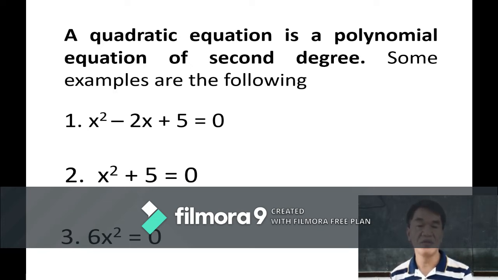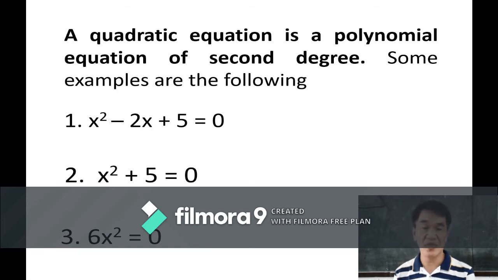In number 1, you would notice that on the left side of the equation, you have 3 terms, while in number 2, you have 2 terms. In number 3, you have only 1 term. But in all of these 3 equations, there is one common thing among them, and that is the squared. And that makes them a quadratic equation.